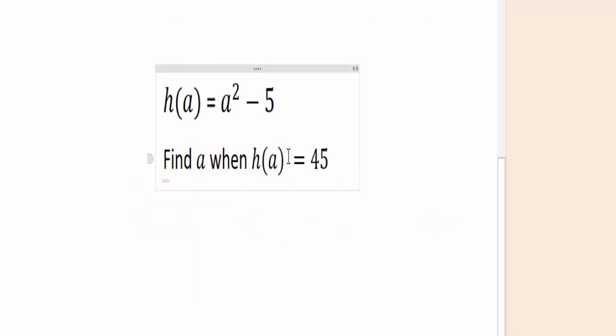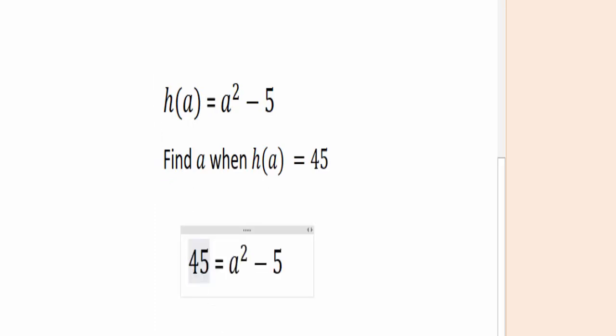We're going to substitute h of a. Here's h of a. It equals 45. We're going to substitute 45 for h of a. So 45 is going to go in place of h of a. So we're going to put 45 equals a squared minus 5.